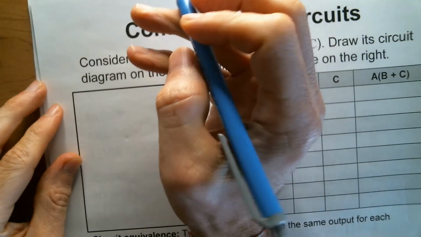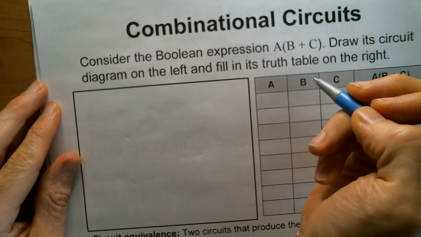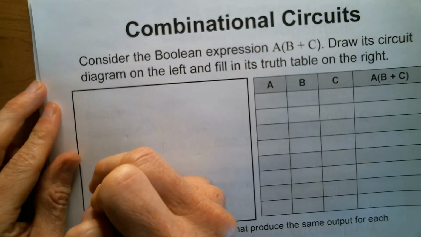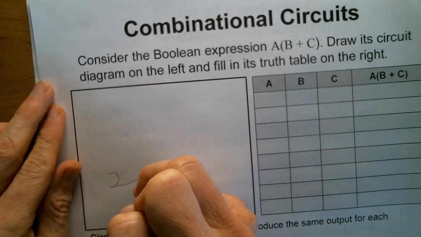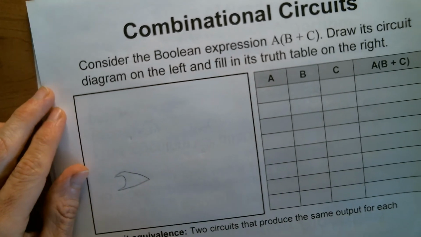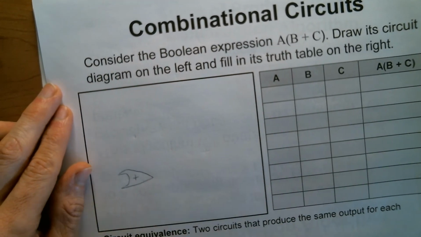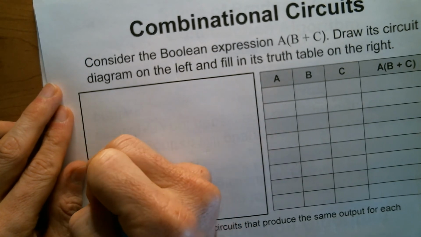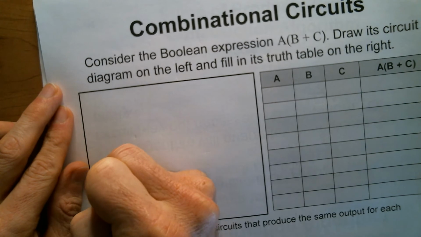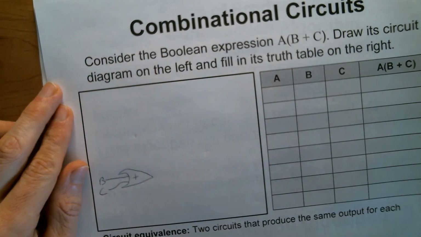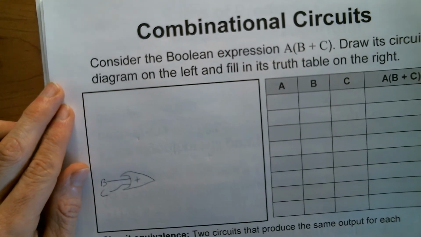So let's see. We need an AND gate, and we need an OR gate. So I'm going to draw my OR gate. Don't make fun of my OR gates. There's my OR gate. I'll put a little plus sign in there so that you know that it's an OR gate. B and C are feeding into this OR gate. Those are two inputs into our circuit.